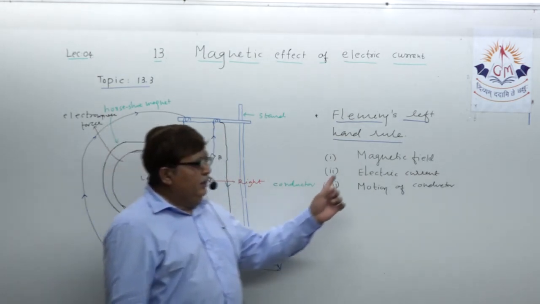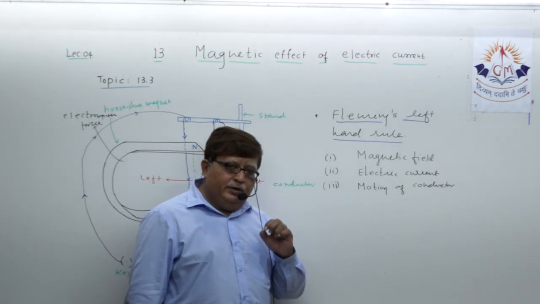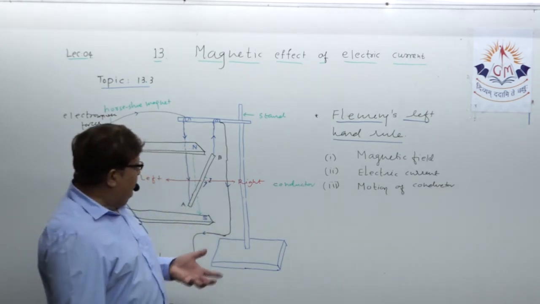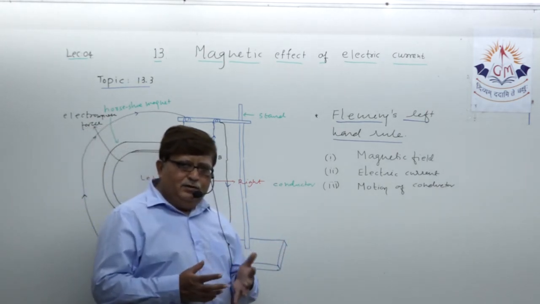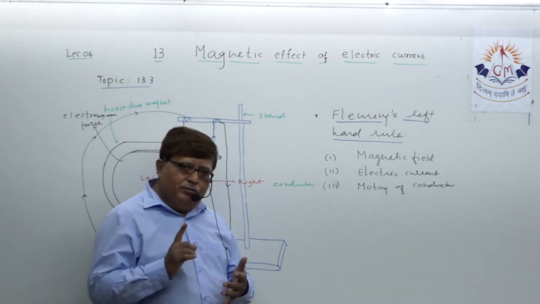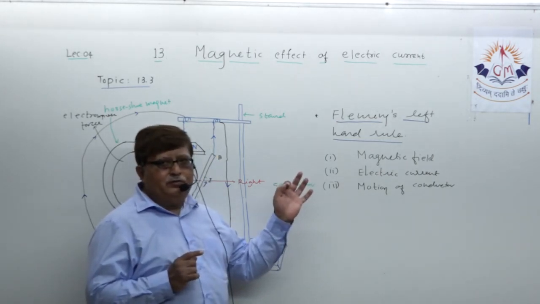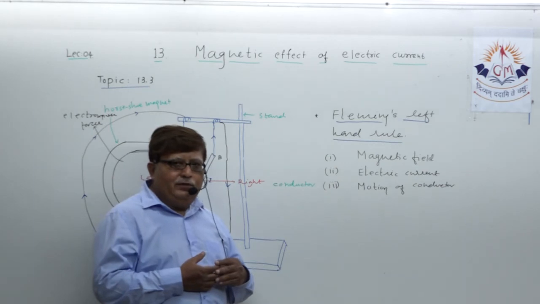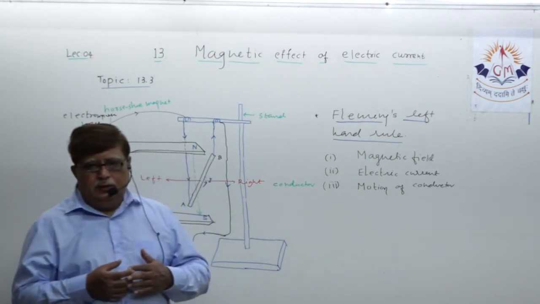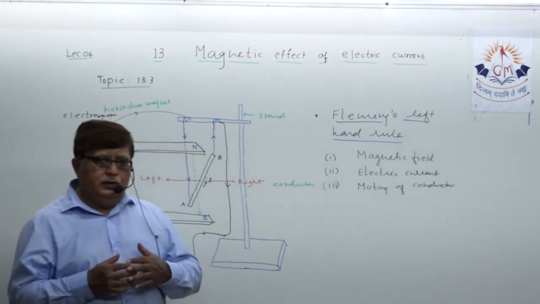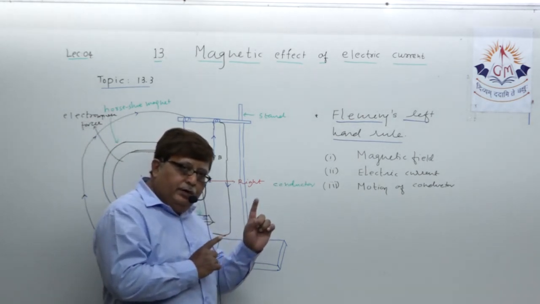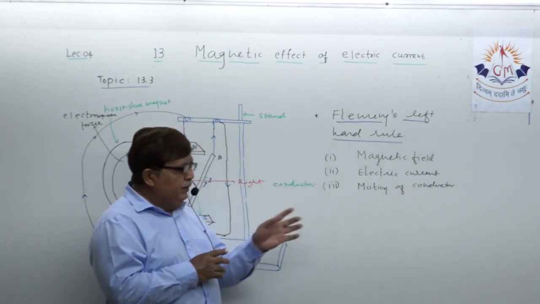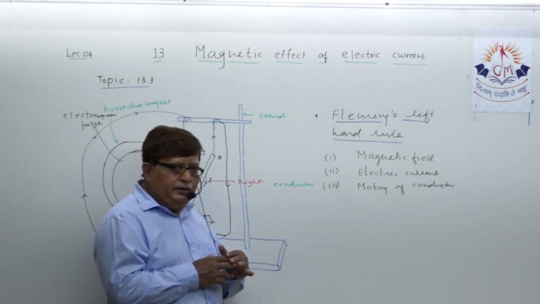That's why I am explaining that if you are asked Fleming's left hand rule, we do not require writing a whole paragraph. What you need to write are two or three simple statements. First, Fleming's left hand rule gives the relation between the direction of magnetic field, electric current and motion of conductor.